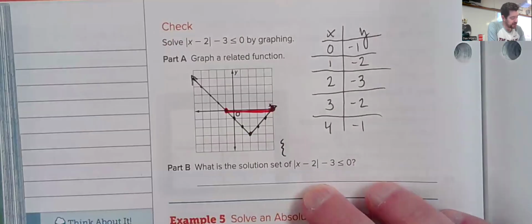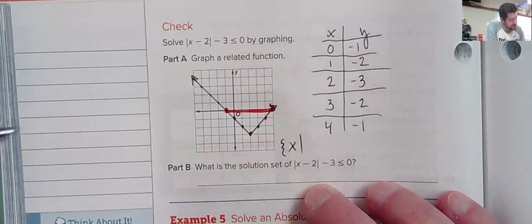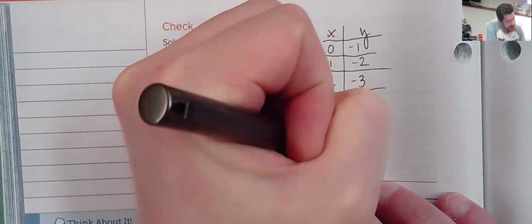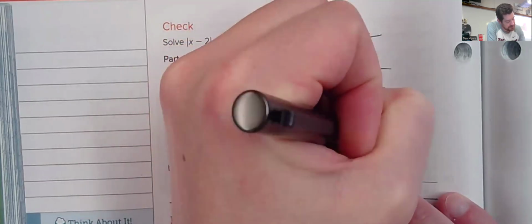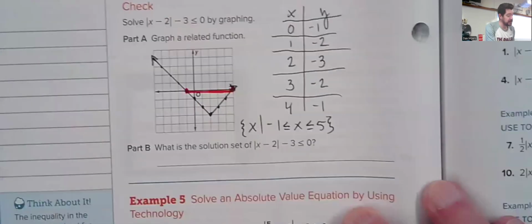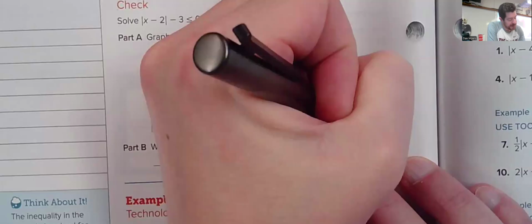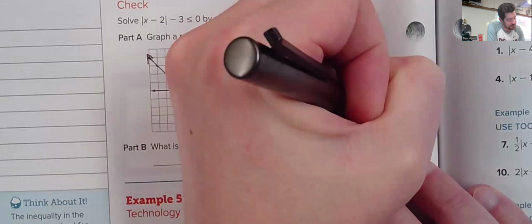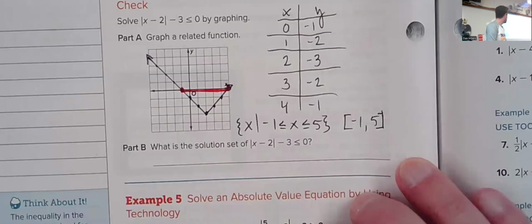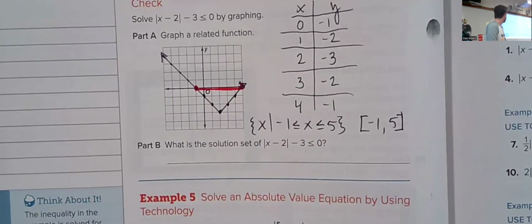We'll do set builder and interval. So we'll say all values of x such that -1 is less than or equal to x, which is less than or equal to 5. There's our set builder. Or we could say, using interval notation, bracket -1, comma 5 with another bracket, because once again, we are including those values.